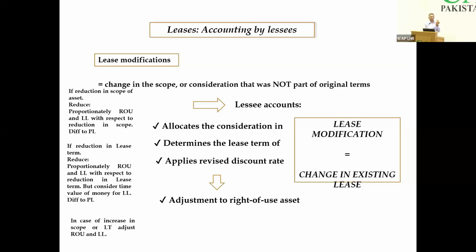One is to reduce the carrying value of lease liability and right of use, and then recalculate the present value of lease liability using the new discount rate. The change in the revised carrying value as compared to the new present value at the new discount rate will be adjusted with the right of use and lease liability. So there will be two steps involved in this area. Got the point?